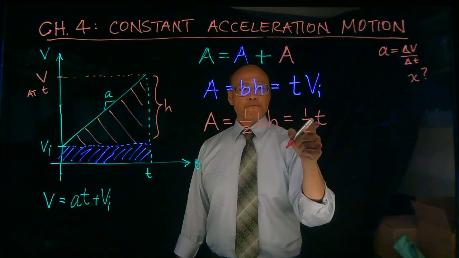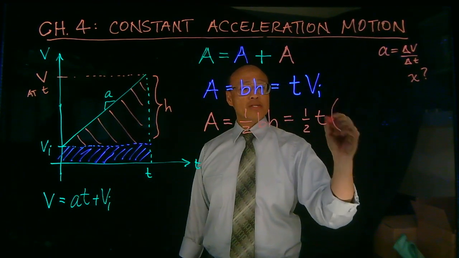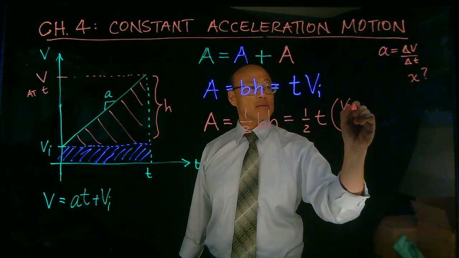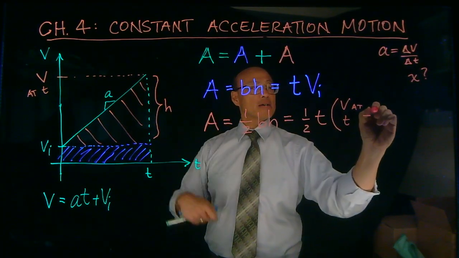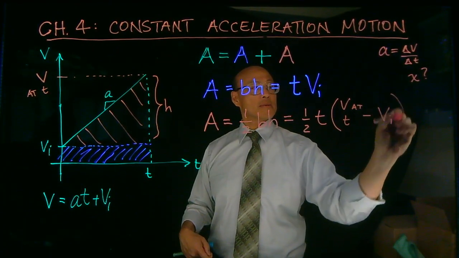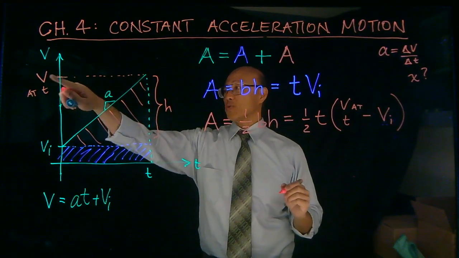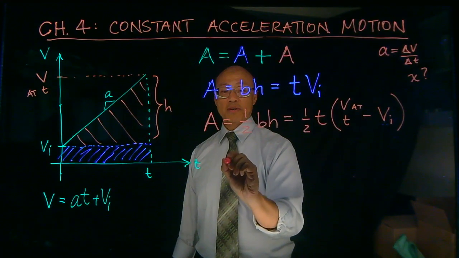Okay, so there's my base, there's my height. My height is going to be what? It's going to be my v at time t minus vi. So if this was 20 and this was 5, what's my height? 20 minus 5.